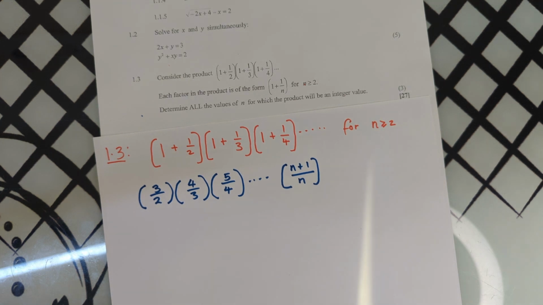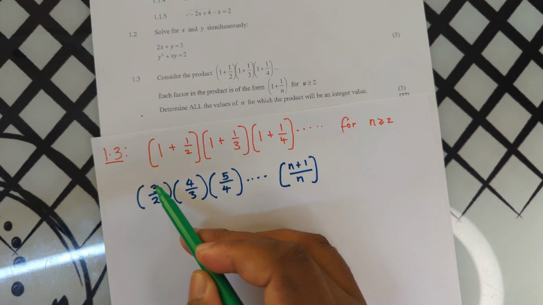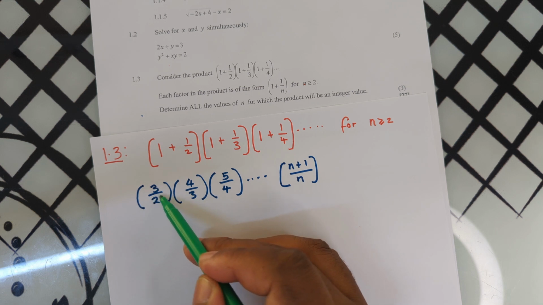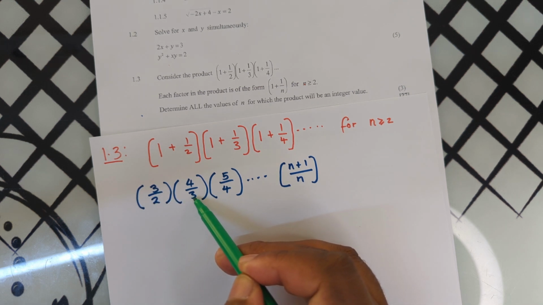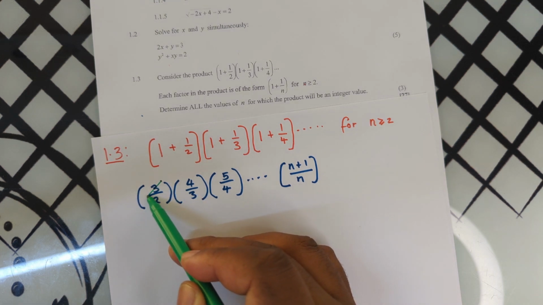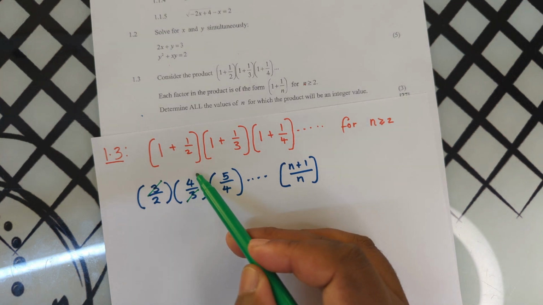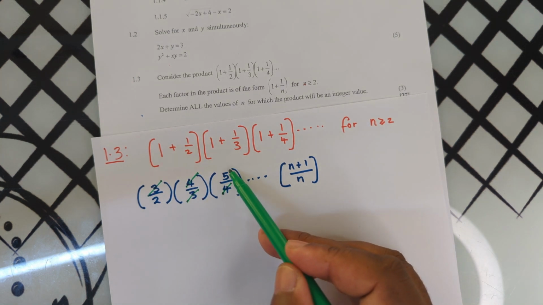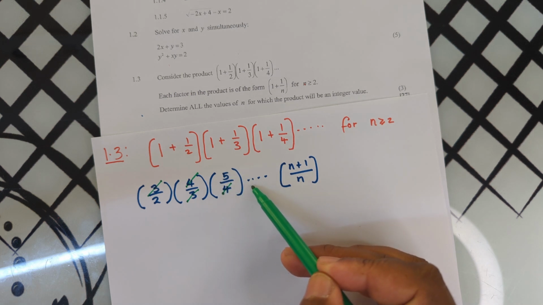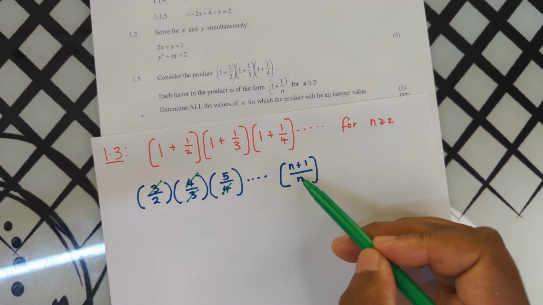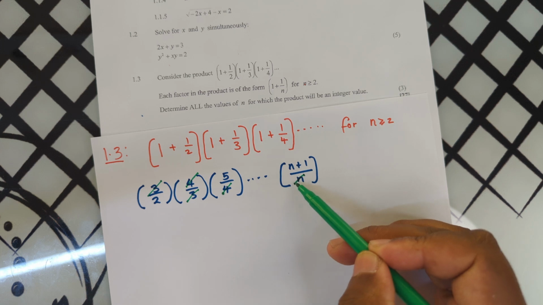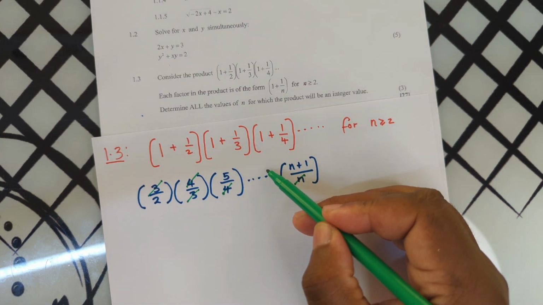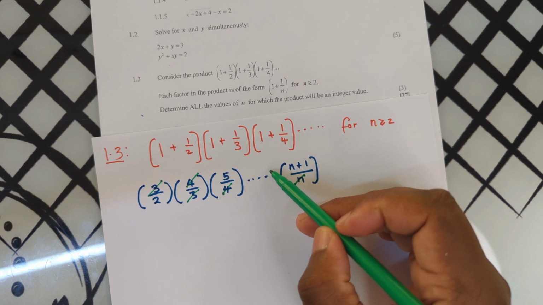And you will see that if you look at the first numerator, which is 3 of the first fraction, and the first denominator of the second fraction, it is 3. They are the same. So this 3 will cancel with this 3, and this 4 will cancel with this 4, and this 5 will cancel with the denominator of the next fraction, which will be 5 obviously, and it will reach a stage where this n, our denominator, is also going to cancel with n on the second last term.